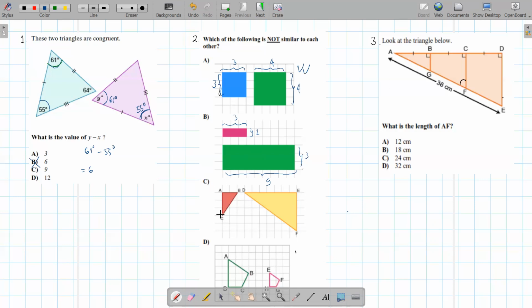For example, AC here is 3 units, and here we have 5 units. And here is 2 units, and here we have 7 units. So as you can see, they are not in the same ratio, and therefore we can conclude that they are not similar shapes.